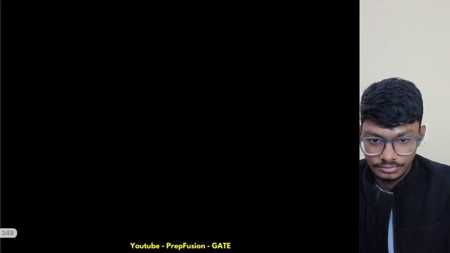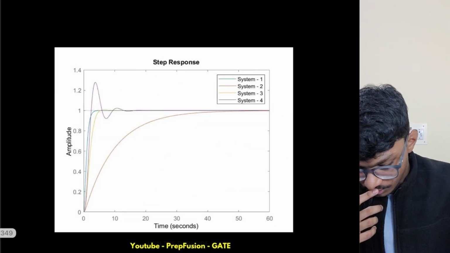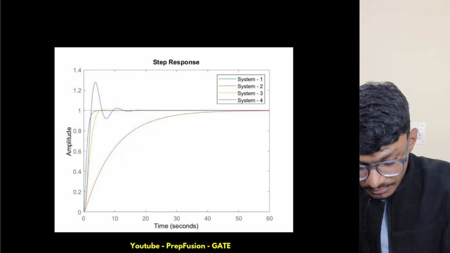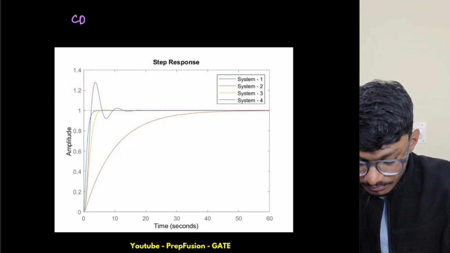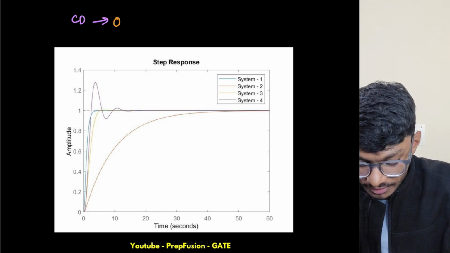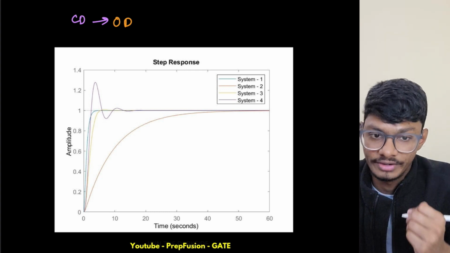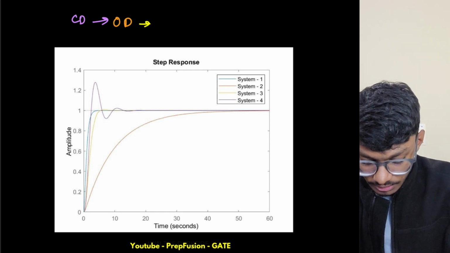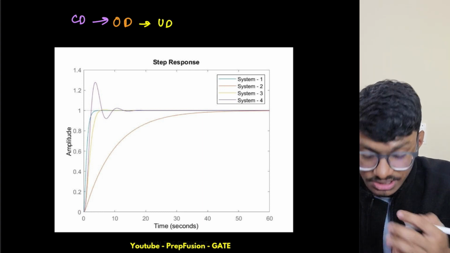I have the different plots here also. At first it was critically damped. Now we added a pole very far away from the origin, and it became overdamped. Now if we add a pole very near to the origin, then it will become underdamped, and zeta will keep on reducing.